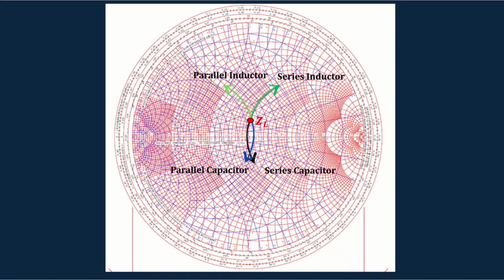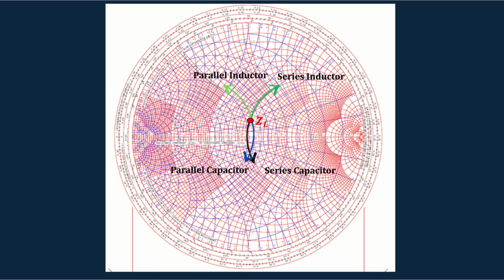If it is a parallel inductance, you have to use the admittance chart, that is the blue chart, and move up. If it is a parallel capacitor, you have to use the admittance chart and move down. So if it is series, always use the impedance chart. If it is parallel, always use the admittance chart.